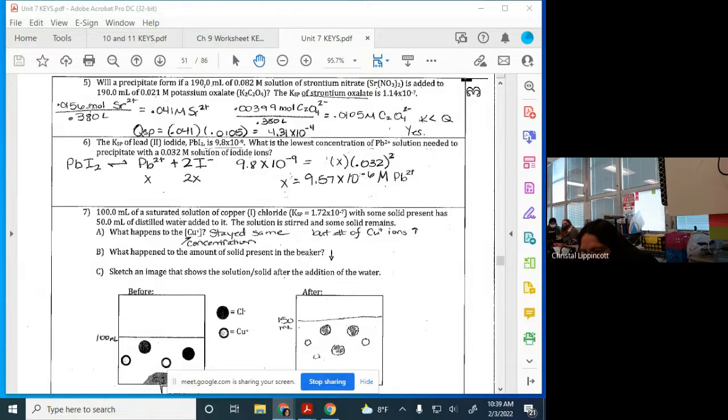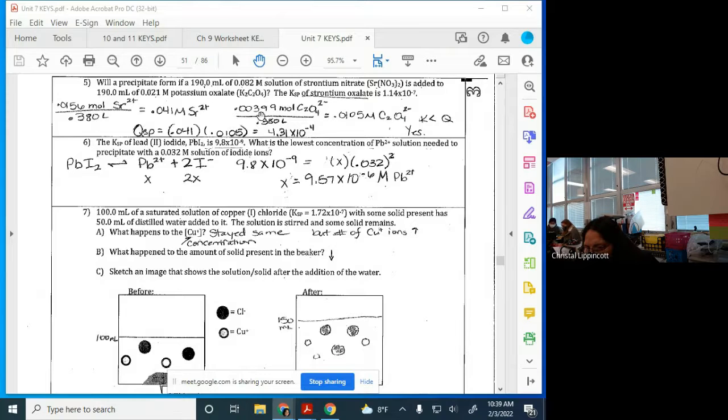So we had to get our moles here. Do you know how to get the moles? Take this, move the decimal over so it's in liters and multiply it by this value, and that's how I got this. Then I did the same thing for this one, and that's how I got the moles of the C2O4.